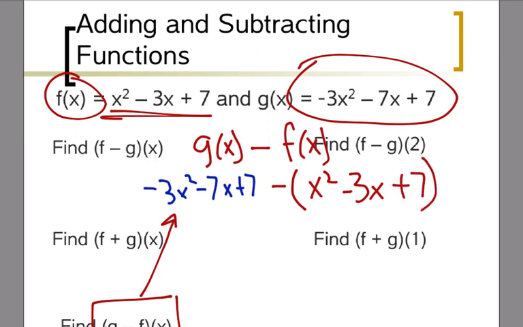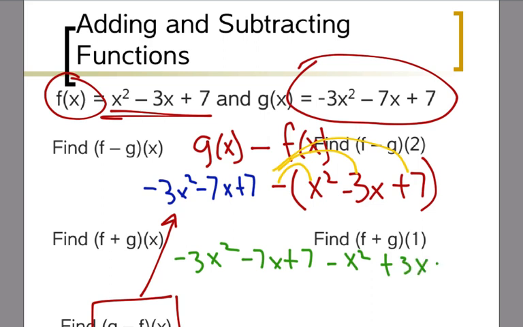And the reason I wrote parentheses is because I need to distribute this negative sign, and it changes all those second signs. And so then that will rewrite to be negative 3x squared minus 7x plus 7, and then negative x squared plus 3x minus 7.